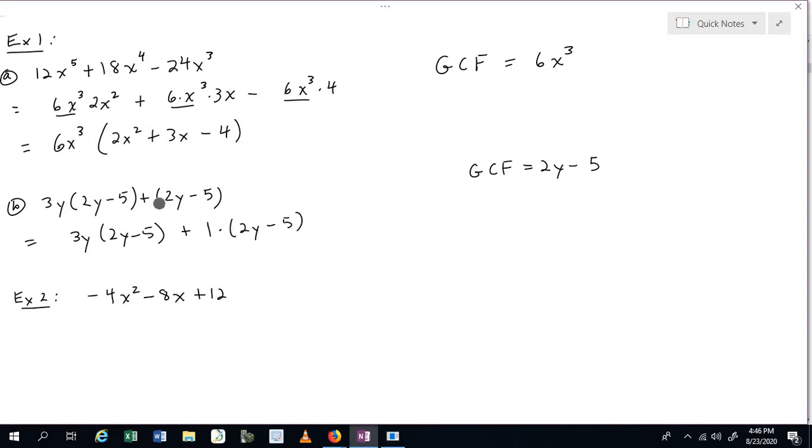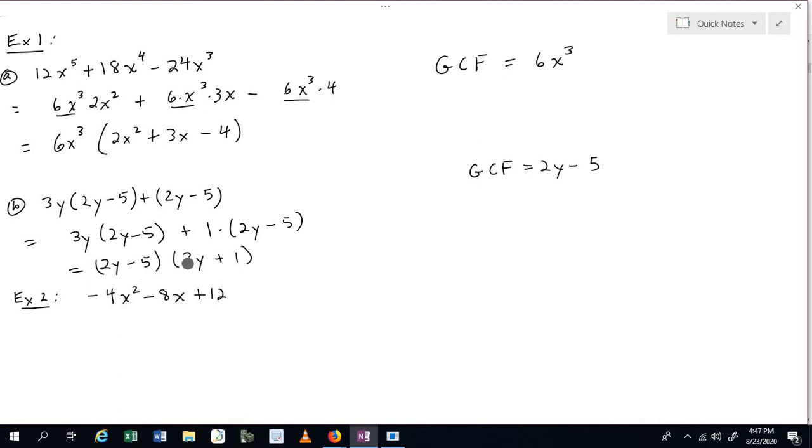Now when I multiply this by 1, I still get the same thing. Now the reason I'm doing that is because when you factor out the 2y minus 5 out front, clearly you're left with 3y here. But then here you're left with this 1. And so that's what you get when you factor out the 2y minus 5.